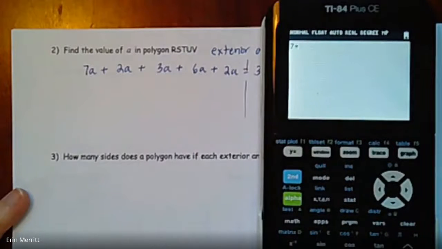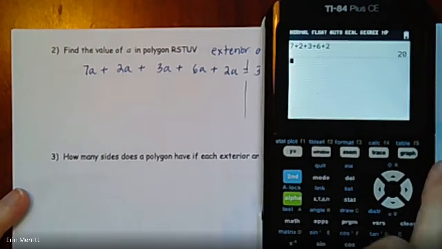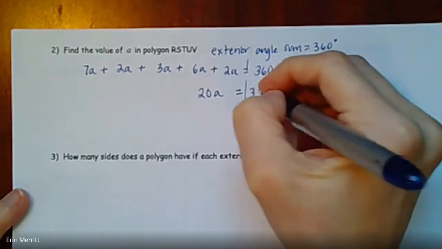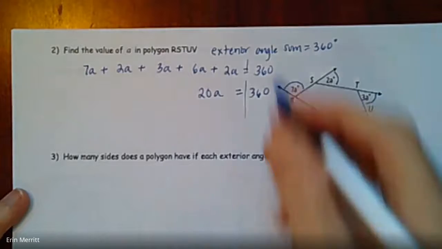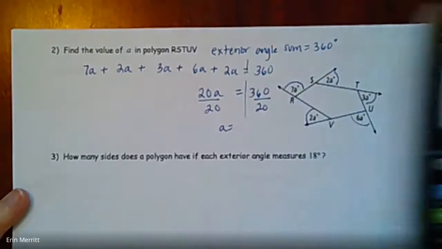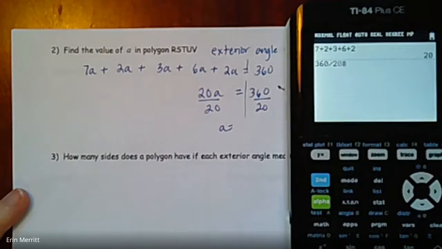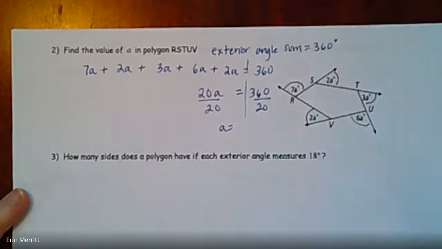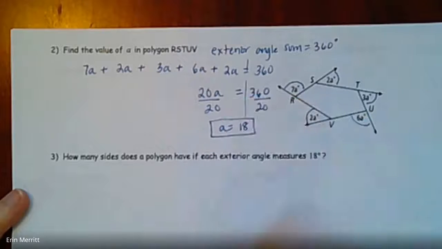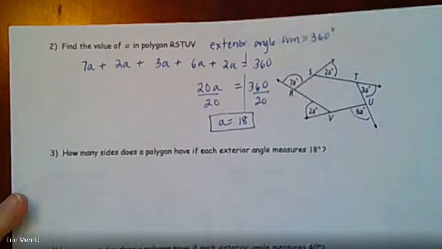So 7 plus 2 plus 3 plus 6 plus 2. We get 20A, and then equals 360. Now to get A alone, divide by 20. So 360 divided by 20, we get 18 right there. And this question just says find the value of A. That's it. Done.